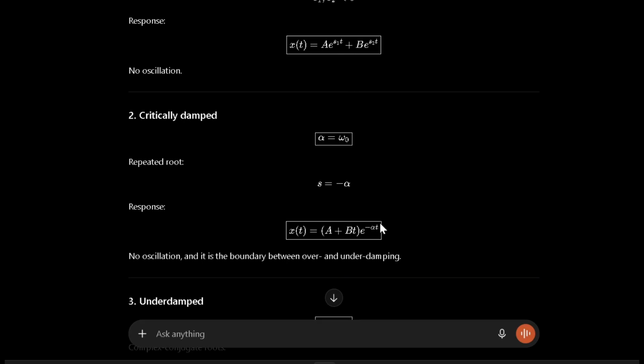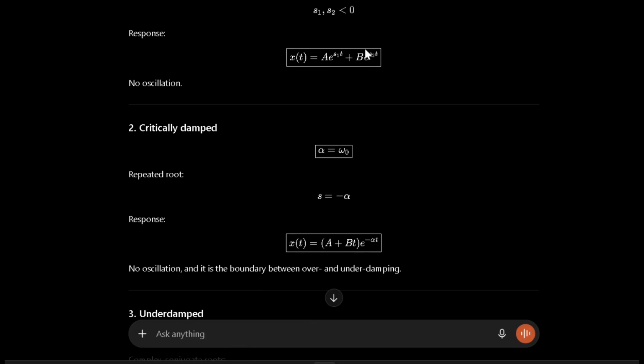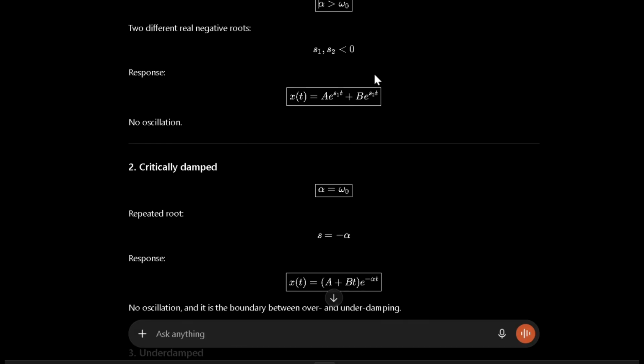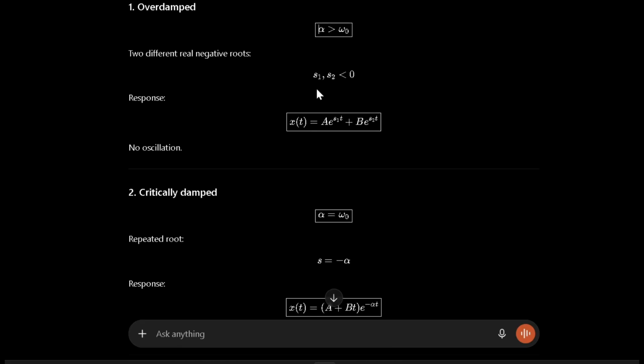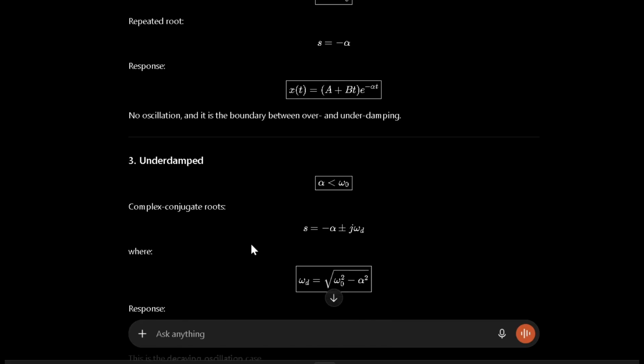They look similar, but in the overdamped case S1 and S2 are used, while here S equals minus alpha, so they are both the same. So e power minus alpha t is used, but with a t term. That's the difference between the equations. Two different real negative roots, I think this is all mathematics.